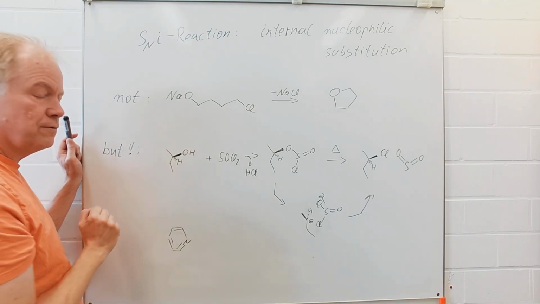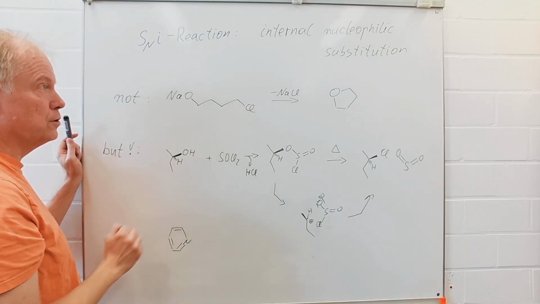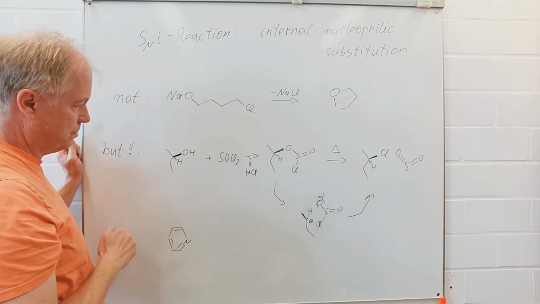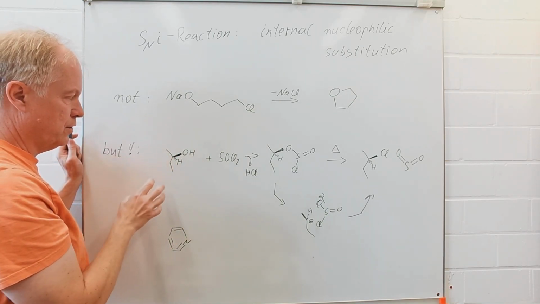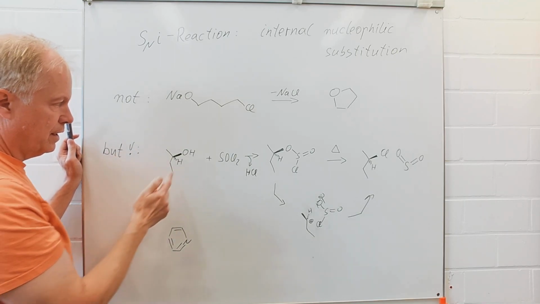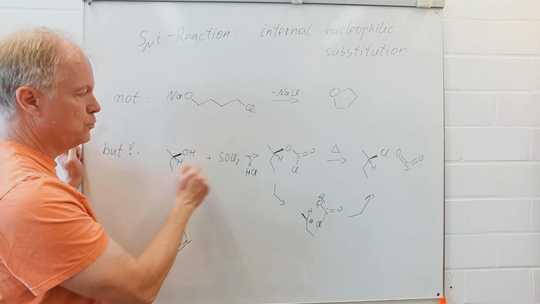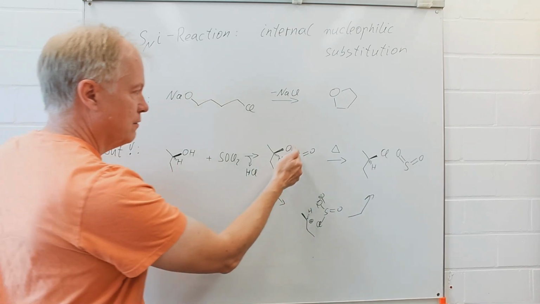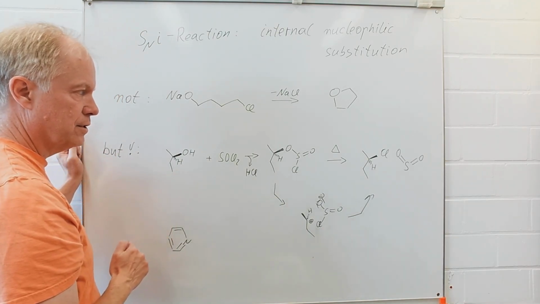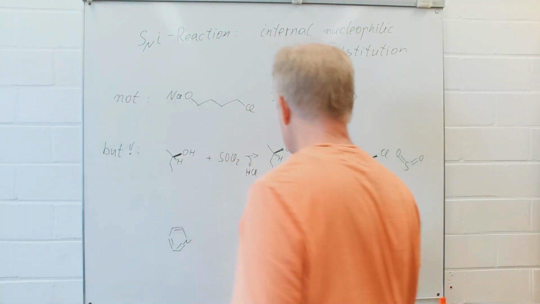So here we have an example of the internal nucleophilic substitution. If we have such a secondary chiral alcohol as one enantiomer, and we treat it with thionyl chloride, then this ester will be formed, and HCl is eliminated.